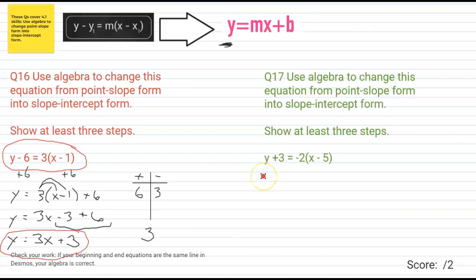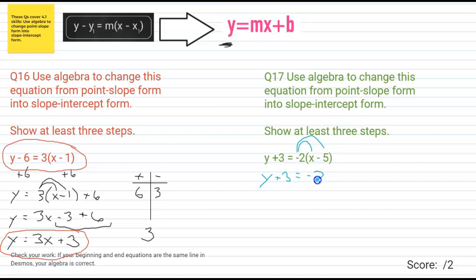Now let's do the same kind of thing, except I'm going to show you that the order can be different. Last time we added 6 first to get rid of this negative 6, but this time I'm going to let that positive 3 ride. I'm going to leave it alone. And instead, I'm going to make the choice to distribute first. So I'm going to multiply negative 2 times x, and negative 2 times negative 5.